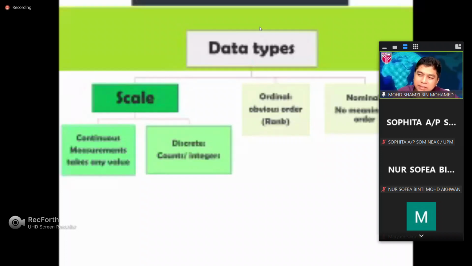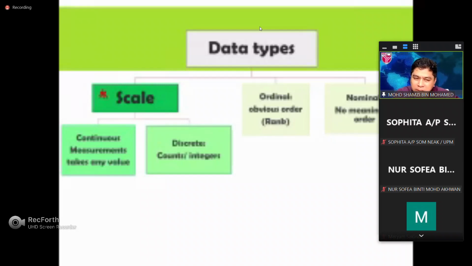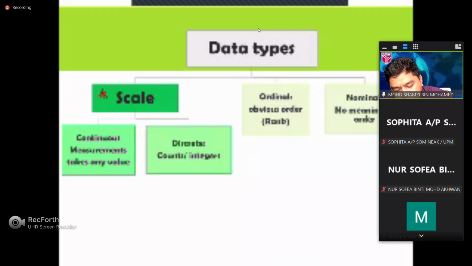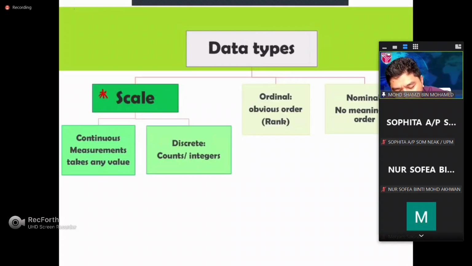In SPSS, there is an option to change the type of data, maybe nominal, ordinal, or scale, at the top column. The top column is usually reserved for the title of your variable, your caption. Scale is, of course, continuous measurement, mostly associated with measurement.